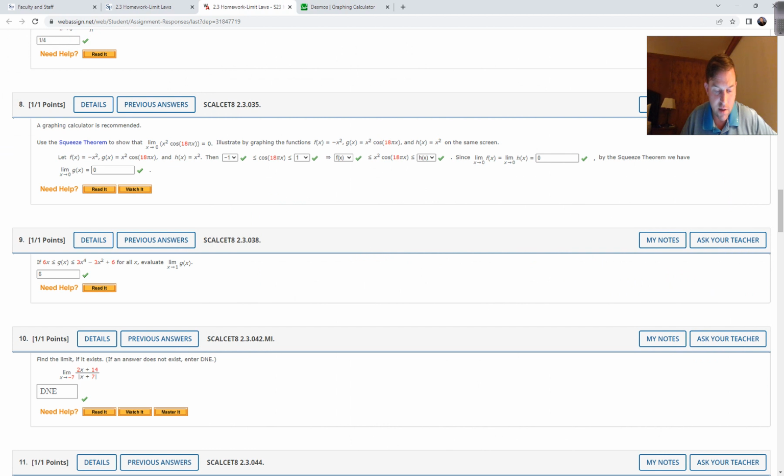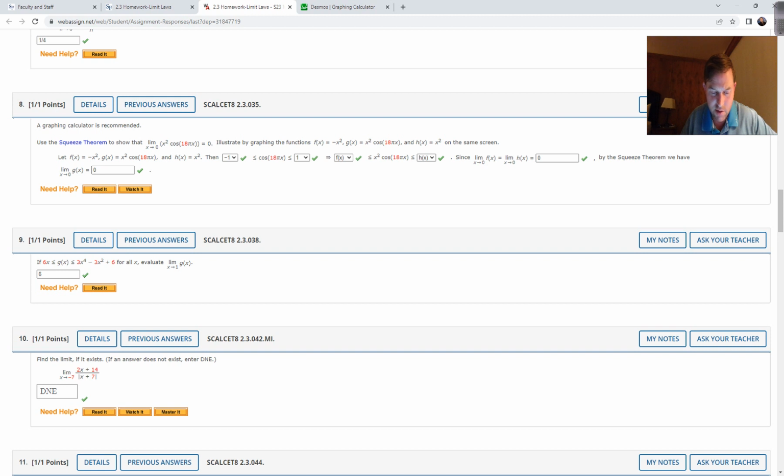So the way you would say that is, cosine, just cosine without the 18, will always be bound by minus 1 and 1. From trig, hopefully you remember that. And then if we add the x squared into it, that has to be less than regular x squared, because the biggest that this cosine can ever be is 1, so at most it would be equal to x squared.